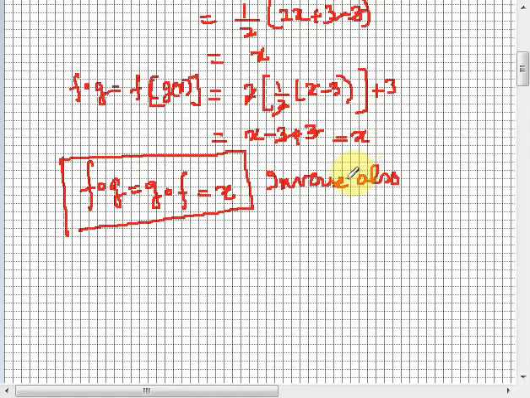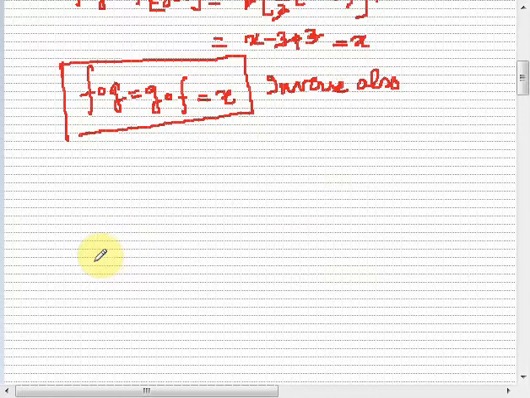What is the definition of inverse function? I am giving a formal definition of inverse function.